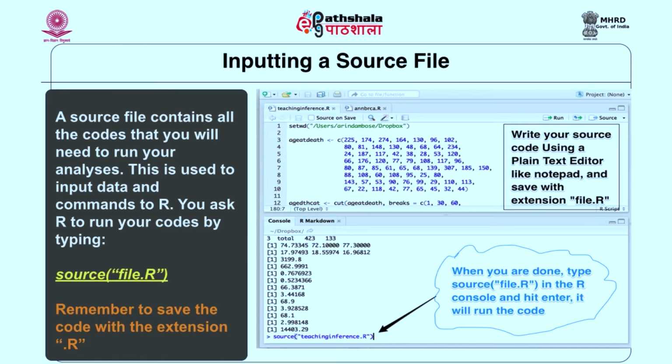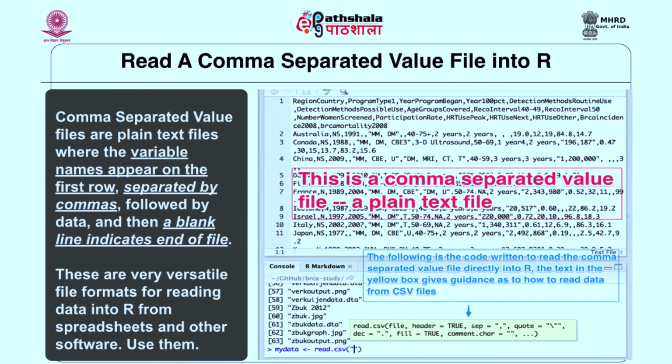In our first instance, we are going to see how to read a comma-separated value file into R. A comma-separated value file is a very simple file, actually a data file, where all the variables are present, but these are separated by commas.